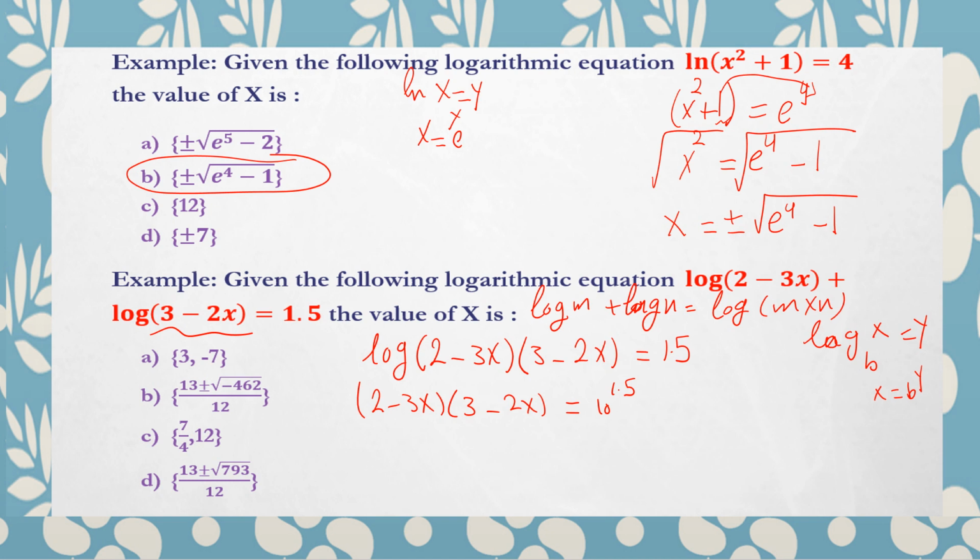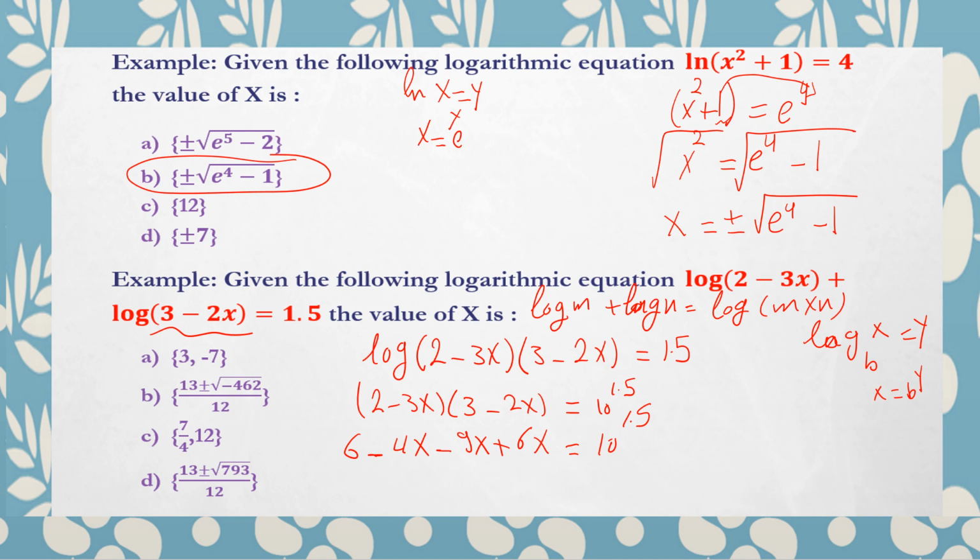And then by multiplying both brackets, we get 6. 2 times 3 equals 6. 2 times minus 2x equals minus 4x. And minus 3x times 3 gives minus 9x. And minus 3x times minus 2x gives 6x squared, equals 10 power 1.5.